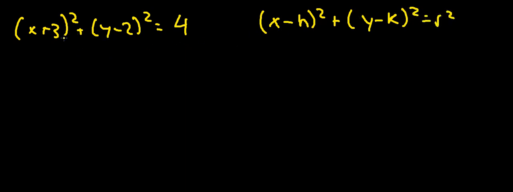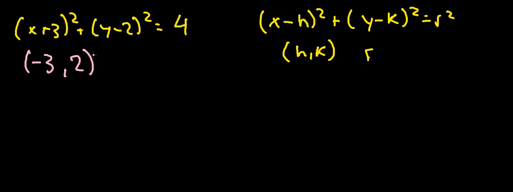So let's find out where our center is. Our center is, again, (h, k), and our radius is r. So (h, k) in this situation is minus 3, because it's minus h, and this is a positive 3 here, so a minus times a minus is a positive. And here we have 2.